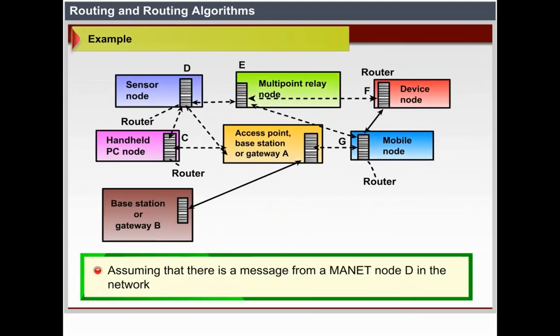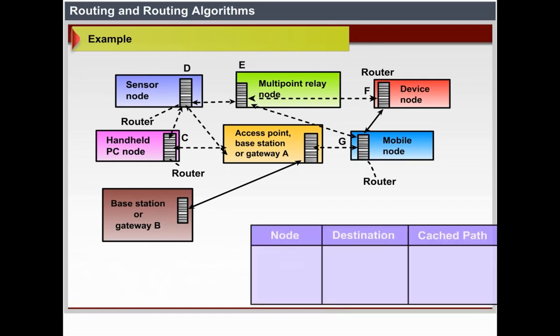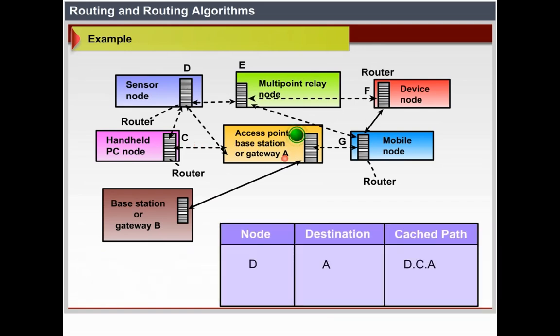Example: assuming that there is a message from a MANET node D in the network, node D, destination A, cached path DCA. Node D, destination B, cached path DCAB. Node D, destination F, cached path DEF.